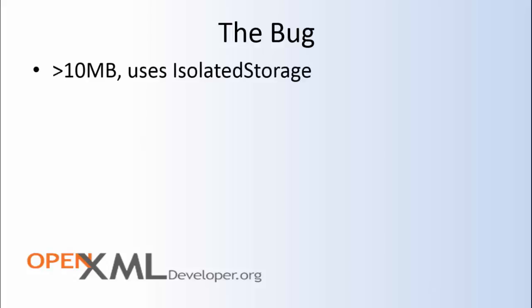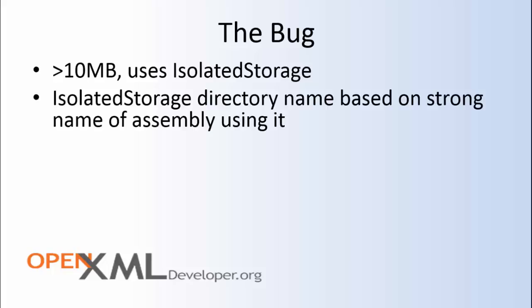Here is the gist of the bug. If memory usage goes above 10 megabytes, then System.IO.Packaging uses System.IO.IsolatedStorage. It pushes extra data out to isolated storage. Isolated storage puts information in a directory, the name of which is based on the strong name of the assembly that is using it.